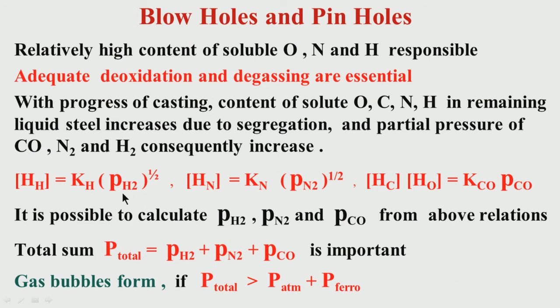If you have more hydrogen, nitrogen, and oxygen, it means more partial pressures. So, the total pressure will be more, and if the total pressure exceeds the summation of atmospheric pressure and ferrostatic pressure, you have blowholes and pinholes, which is undesirable.